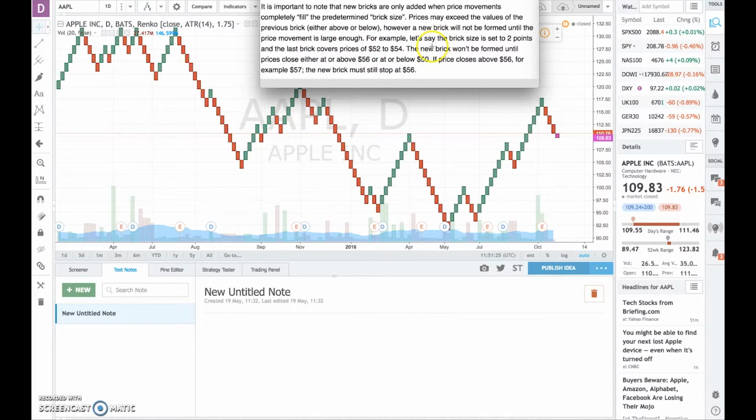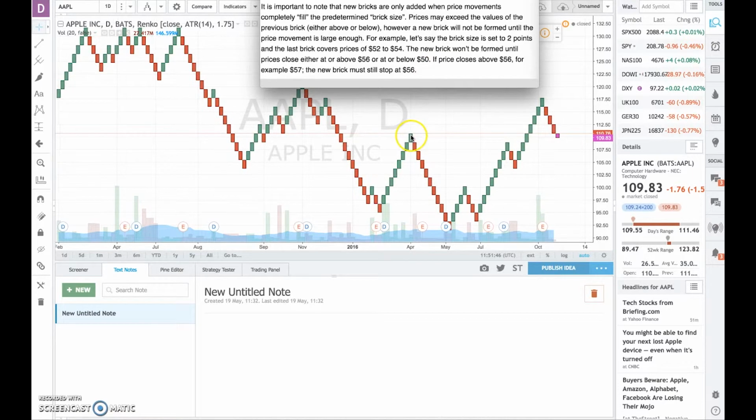For example, let's say the brick size is set to 2 points and the last brick covered prices 52 to 54. The new brick won't be formed until the price closes either at or above 56 or at or below 50. So if you set each block to be $2, it has to be either $2 below or $2 above the current price to create a new block, whether up or down.